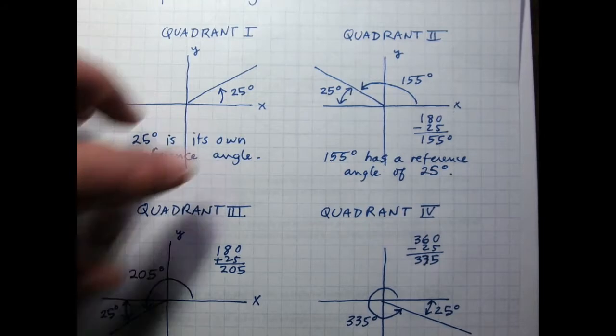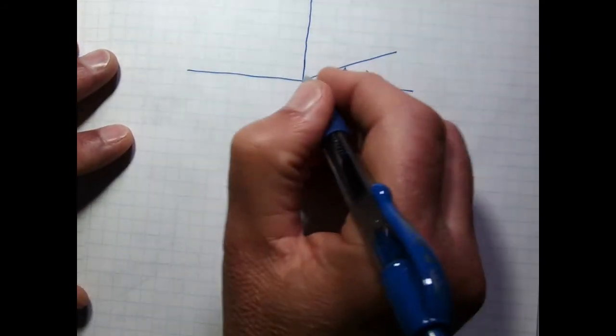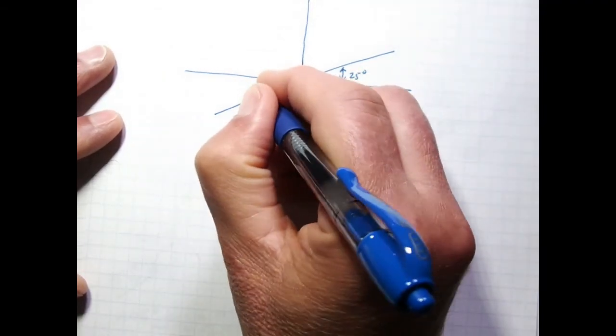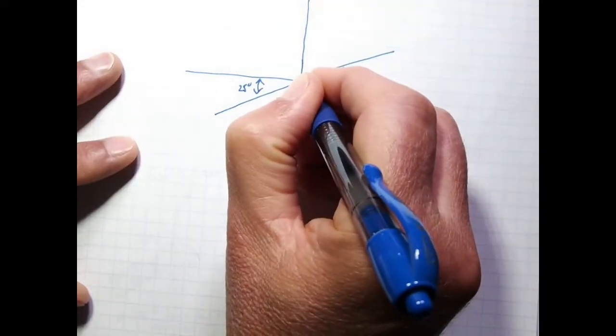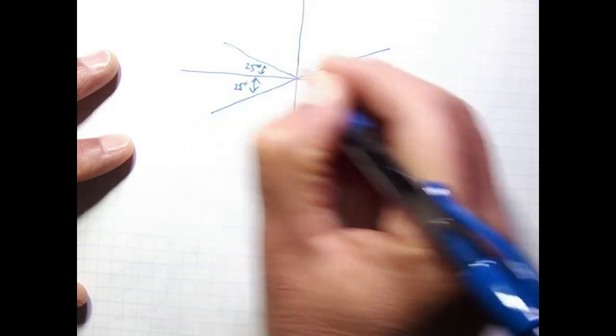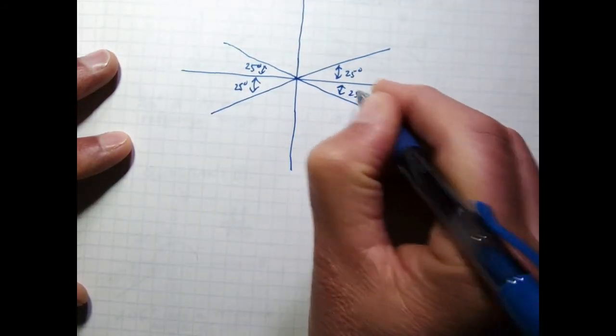Suppose I drew all 4 of those terminal sides together. Well, I could just extend this line down this way. Here's another copy of 25 degrees. And then I'm going to have a 25-degree angle here and a 25-degree angle here.